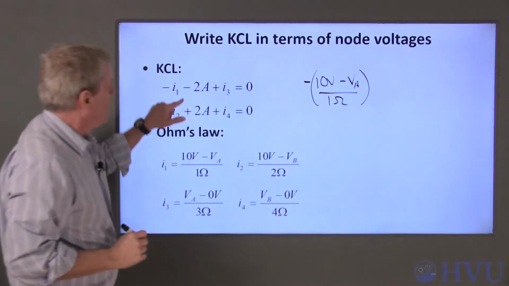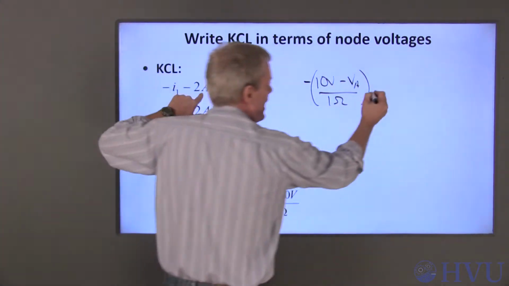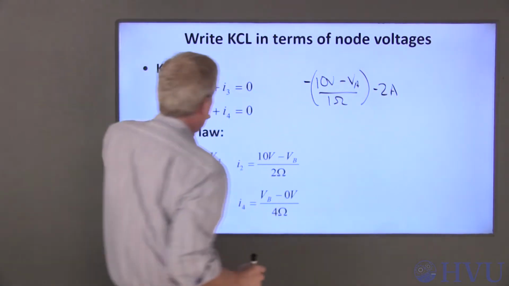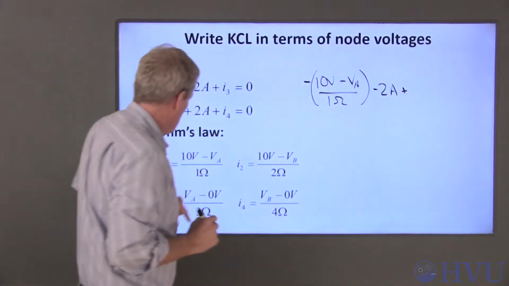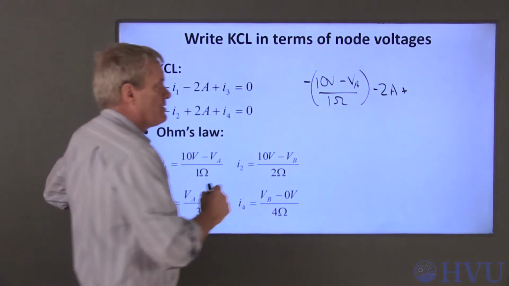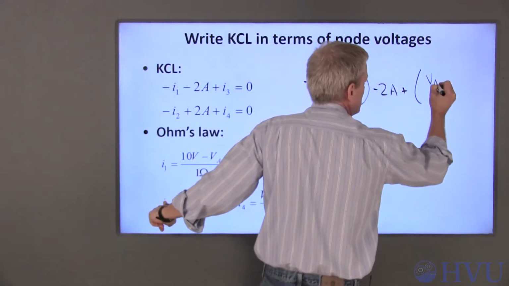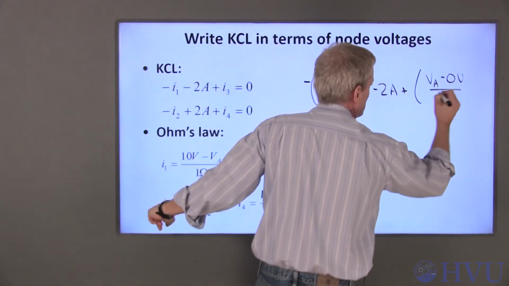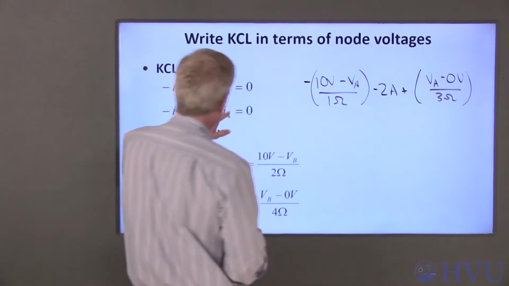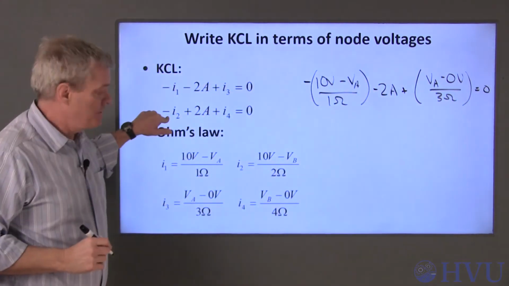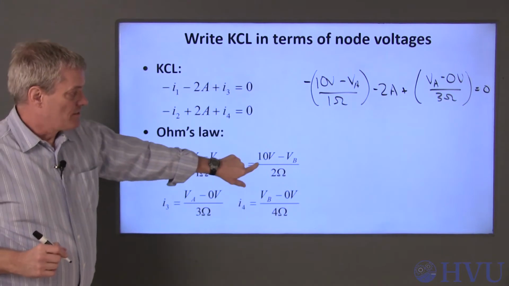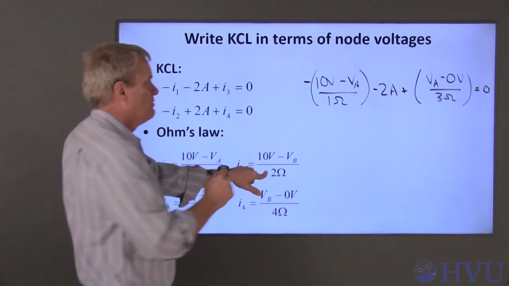I subtract 2 amps from that, and then I add I3. I3 is VA minus 0 over 3 ohms. That is set equal to 0. The second equation is negative I2, so negative 10 volts minus VB over 2 ohms.